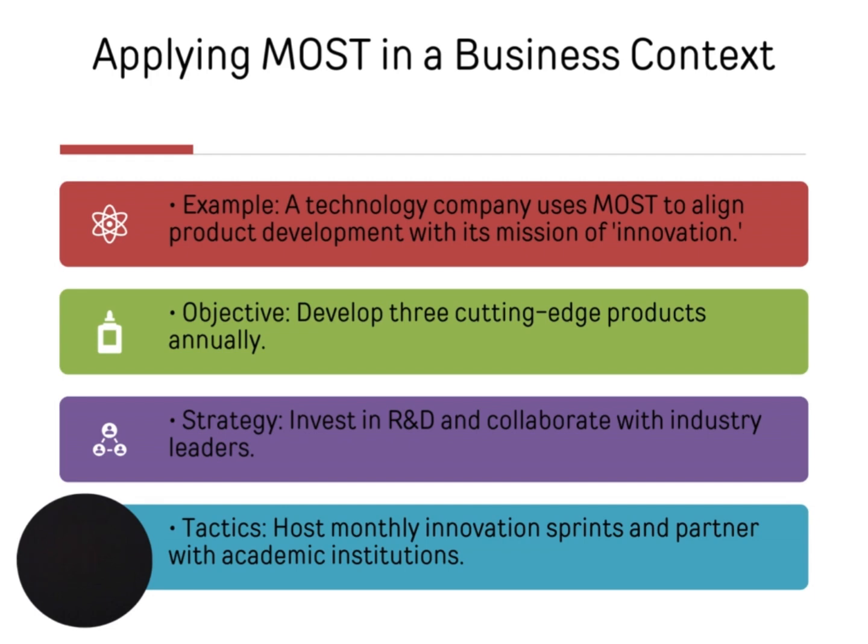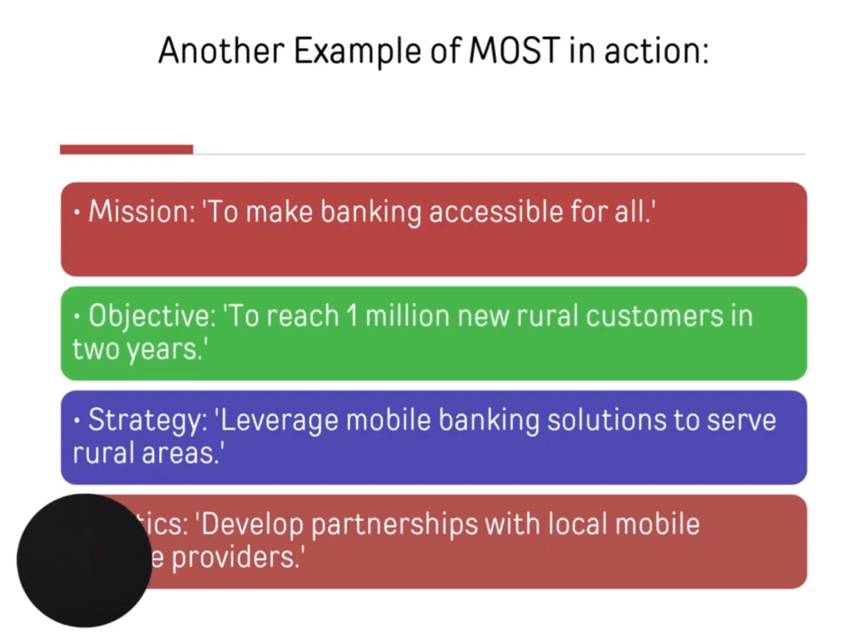Let us look at another example of MOST in action. In this particular case, we are looking at the banking sector. Let us assume that the mission for this bank is to make banking accessible to all. Now, what are their objectives? We are using the MOST framework. The objectives could be we would reach 1 million new rural customers in 2 years.